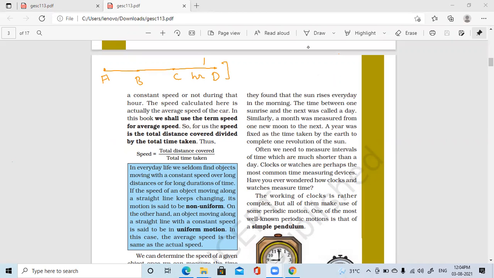If the distances are not same, you can see here A to B 10 kilometers, B to C 15 kilometers, C to D again 10 kilometers.